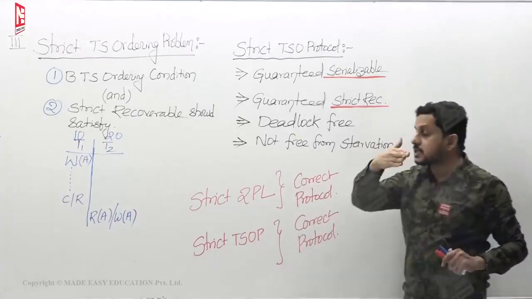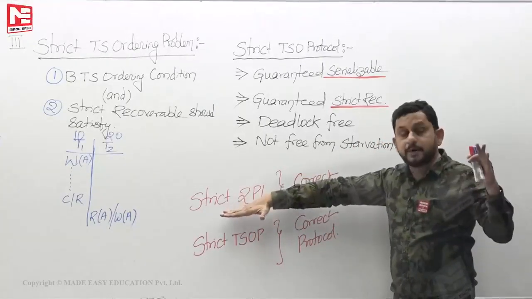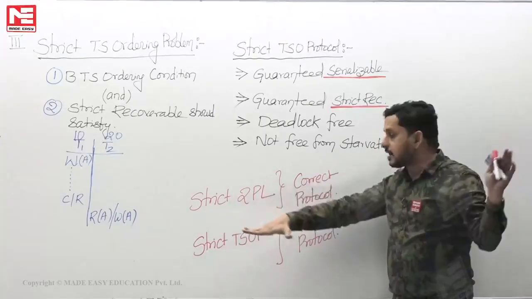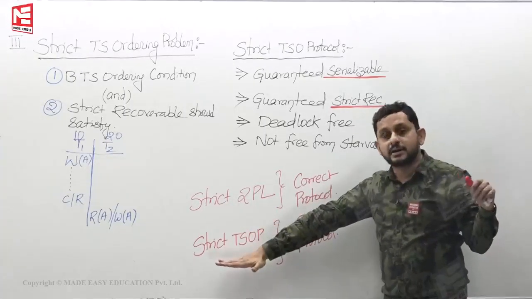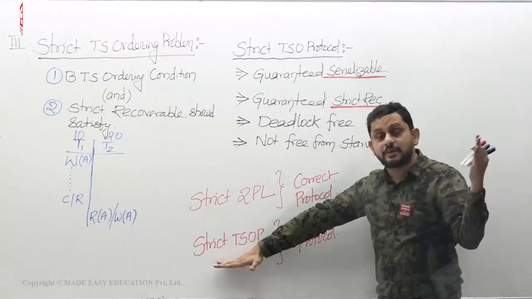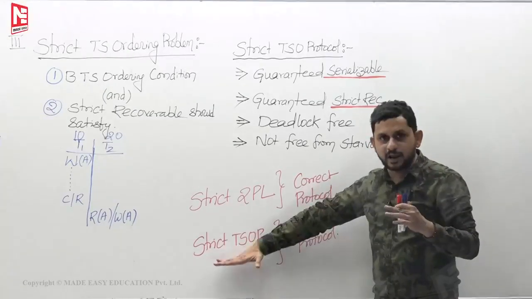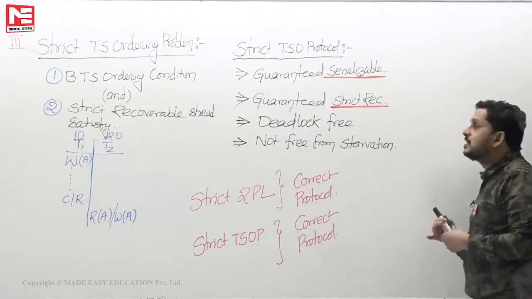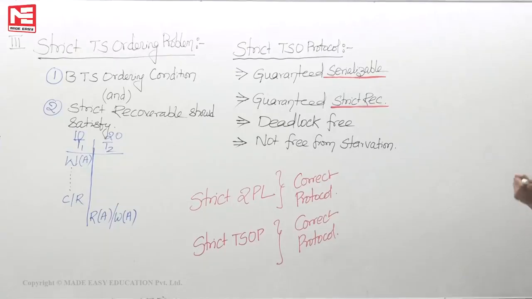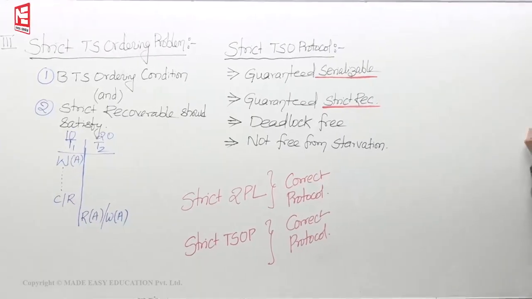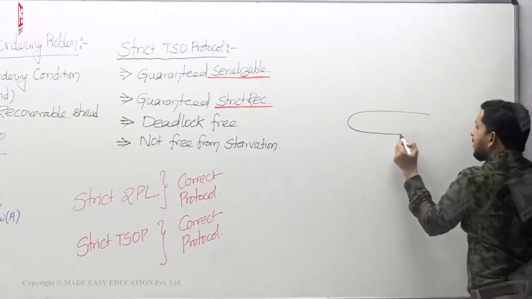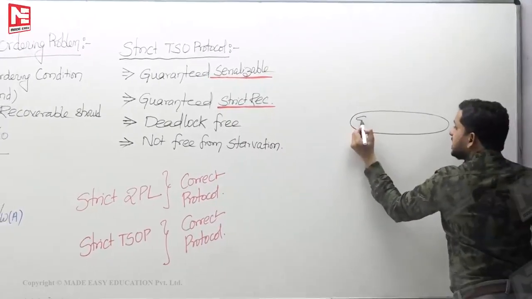The concurrency control component can be implemented using strict 2PL or using the strict timestamp ordering protocol. So this is about the timestamp ordering protocol. Now let us see the expressive power set. Assume these are serial schedules.